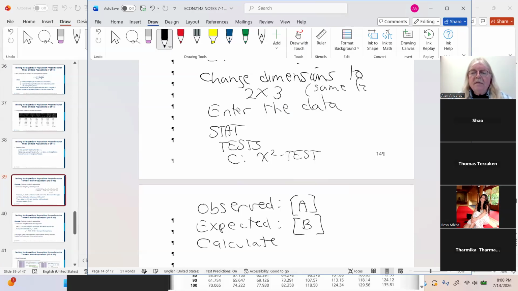If that doesn't work, then I'm not quite sure what the problem is. So go back to the matrix mode. Change B to 2 by 3, please.